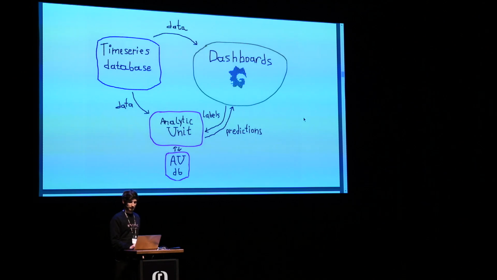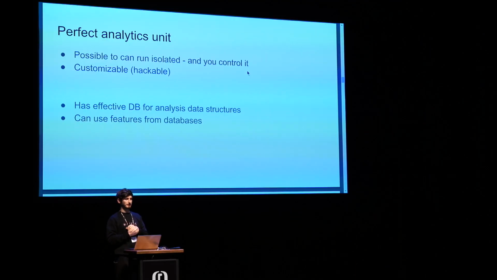So we have dashboards, and we have a database. We need to extract data to analyze and send it back to the dashboard, and we need to get something from the user. The user helps us make analytics with labeling.